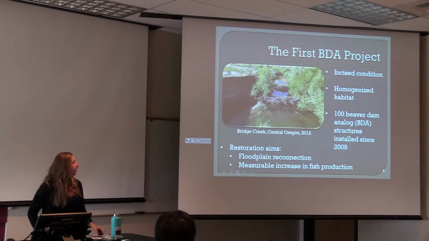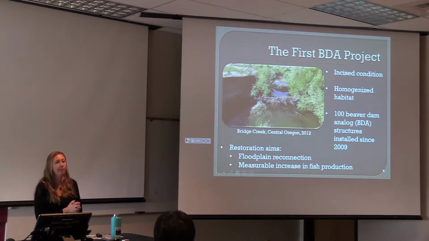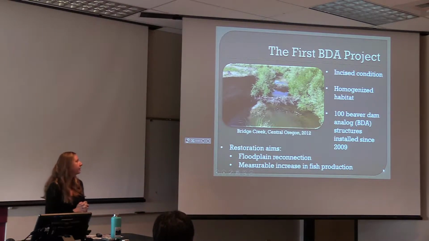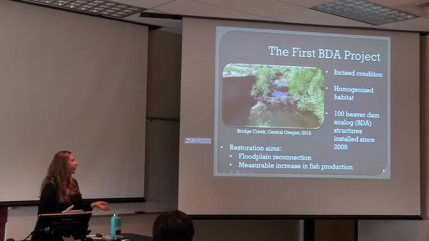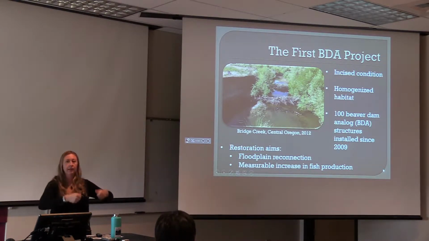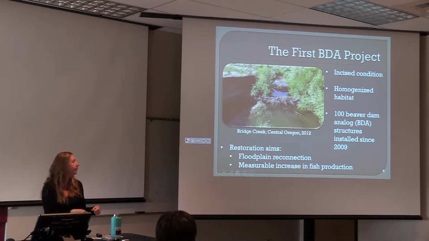So here's a little slide about the first Beaver Dam Analog project. A Beaver Dam Analog is basically a fake beaver dam. There are a bunch of different ways you can do it, but I think they tried 4 different methods. One was just stabilizing existing dams with fence posts: you take a hydraulic fence post pounder and put fence posts right into an existing beaver dam to help stabilize it.